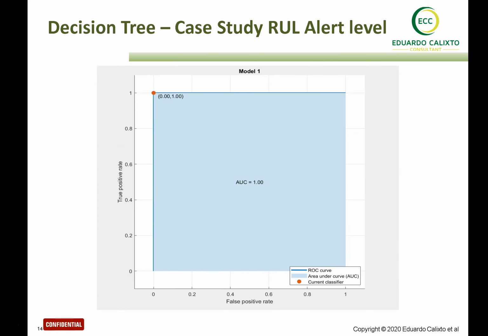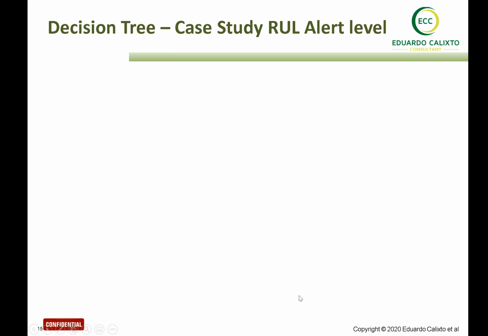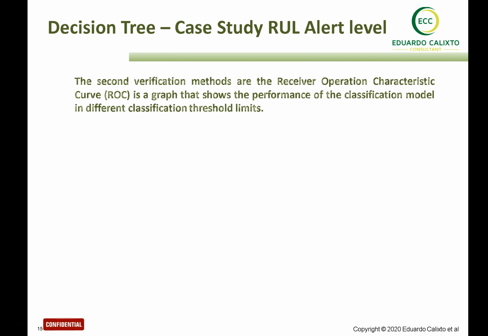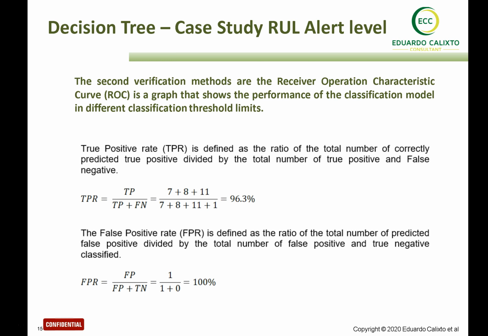The other graph that is possible to use is the ROC. That's the plot of this curve, and here I have 100% area under the curve. That's a perfect relation between the true positive rate and false positive rate. The way that I calculate the true positive rate and false positive rate is given by these two equations here.